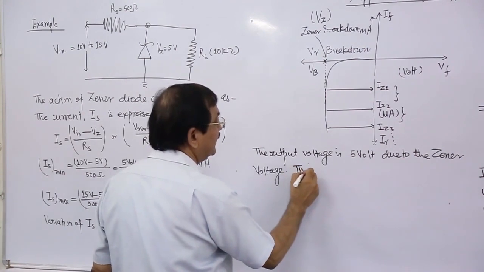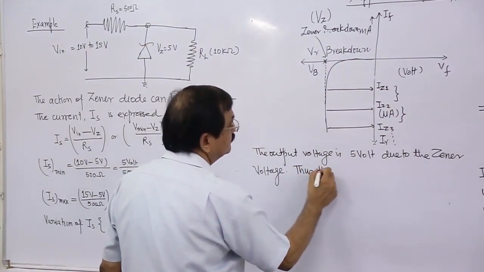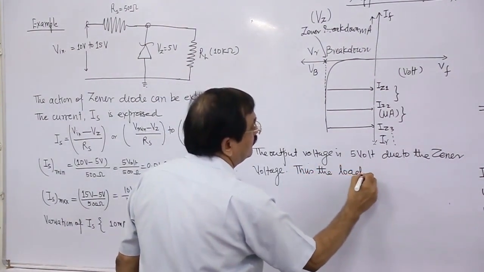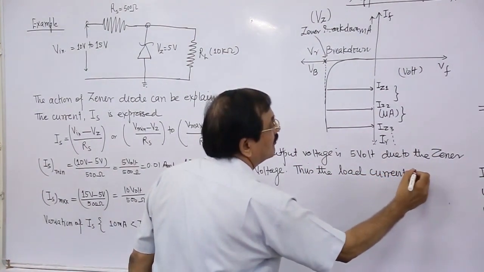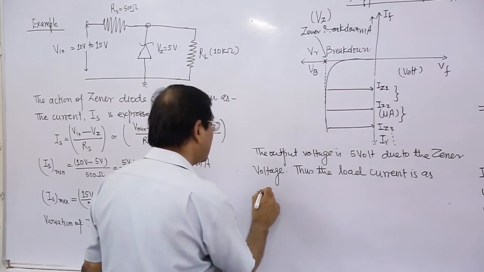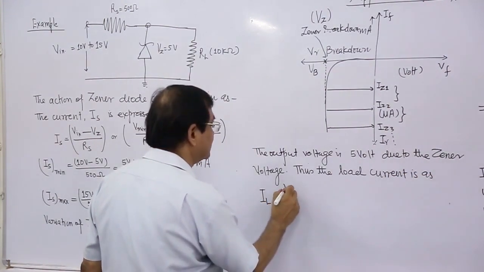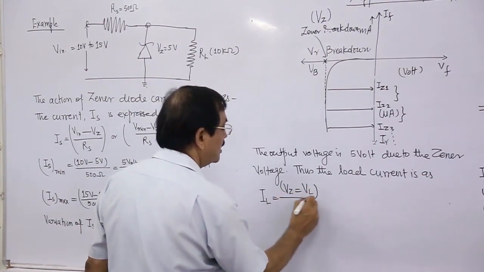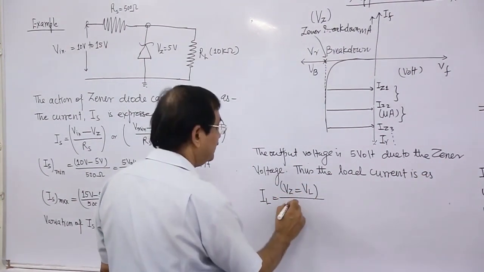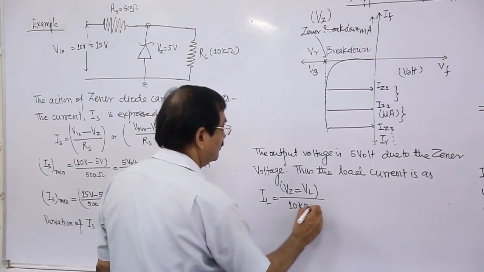Thus, the load current IL is Vz, which is the load voltage, upon 10 kilo ohm.